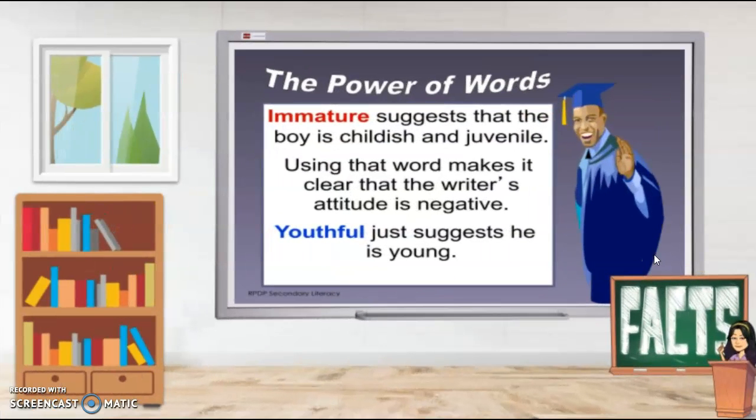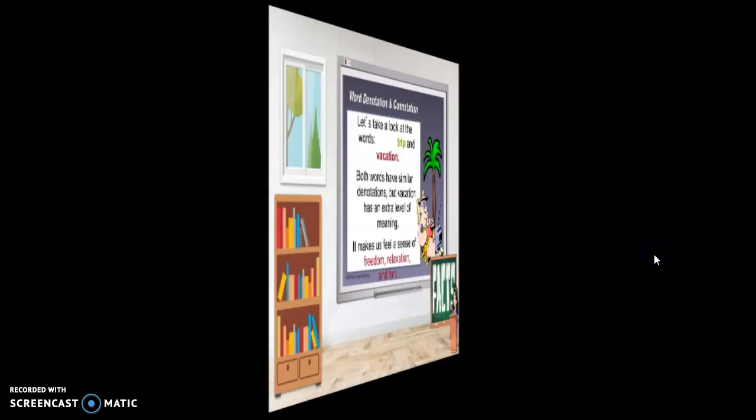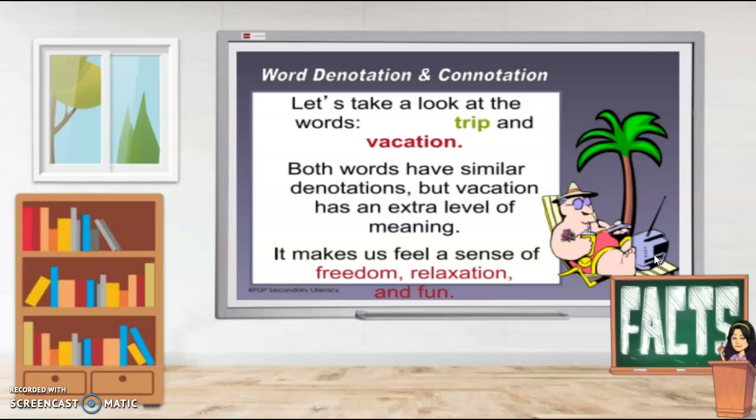Immature suggests that the boy is childish and juvenile. Using that word makes it clear that the writer's attitude is negative. Youthful just suggests he is young. Let's take a look at the words trip and vacation. Both words have similar denotations, but vacation has an extra level of meaning. It makes us feel a sense of freedom, relaxation, and fun.